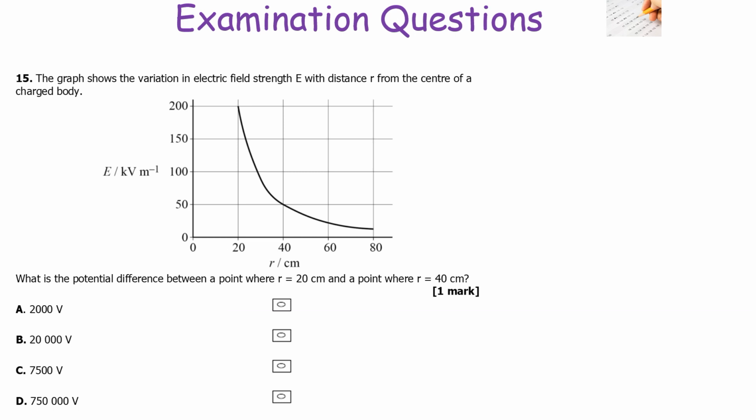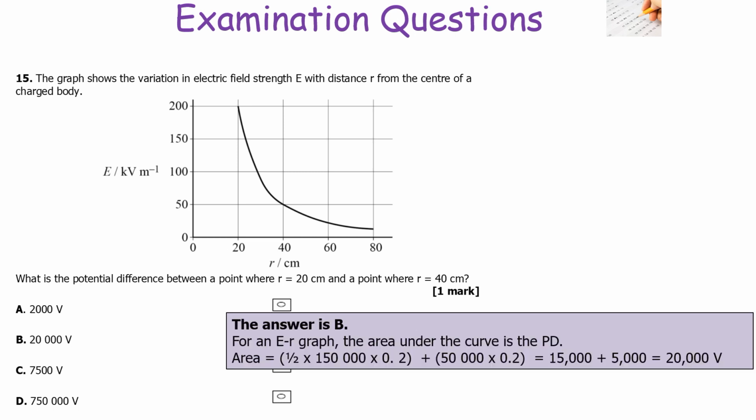Right, our answer is going to be B, because you should be aware that in an ER graph, the area under the curve is the potential difference. Therefore, we've got to work out our area from 20 centimetres to 40 centimetres. What you can do is work out the area underneath by splitting it up into a triangle and a square or rectangle between 20 and 40.